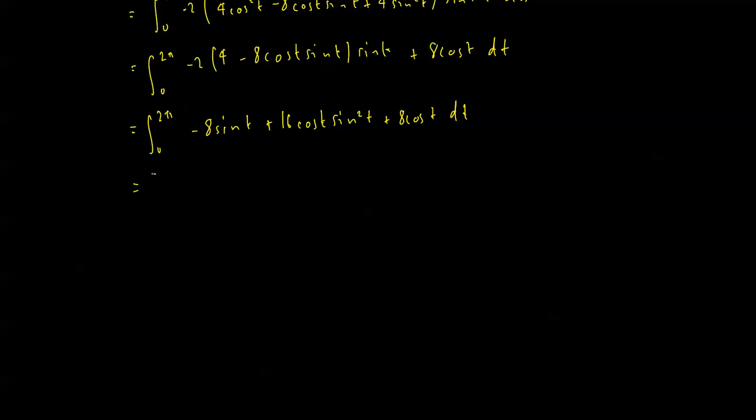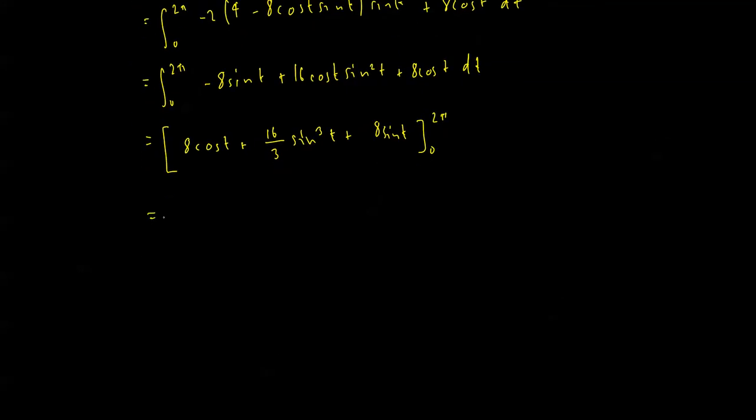Negative 8 sin t becomes, negative sin goes to cos, so it's going to be 8 cos t. This is going to be plus 16 on 3 sin cubed t, plus cos goes to sin, 8 sin t, from 0 to 2 pi, which again, if you sub that in, I assure you, you're going to get 0.